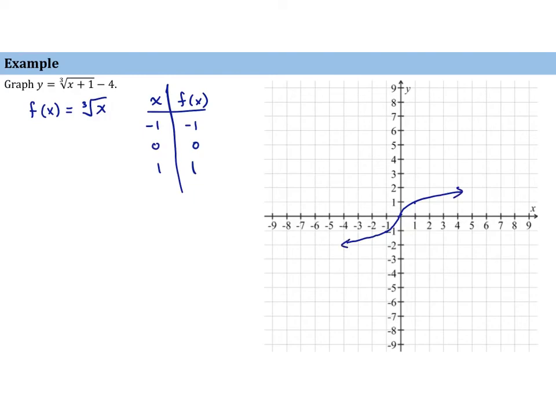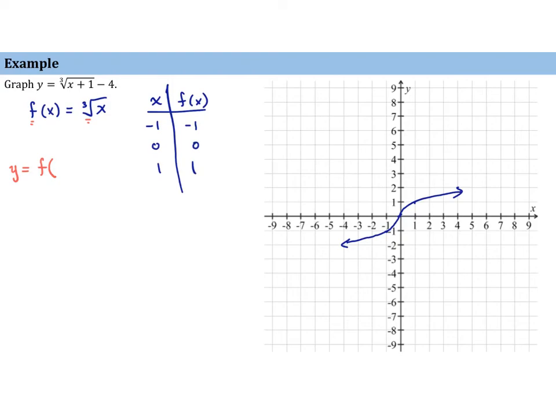What we want to do now is look at what happens if we rewrite y so that it is a transformation on f. So y equals f of, now what are we taking the cube root of? Because that's what f says to do. F says take the cube root. So what are we taking the cube root of?